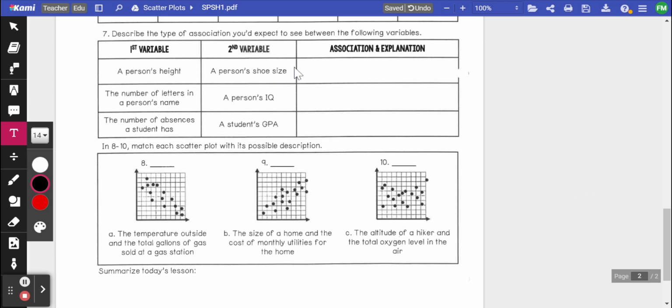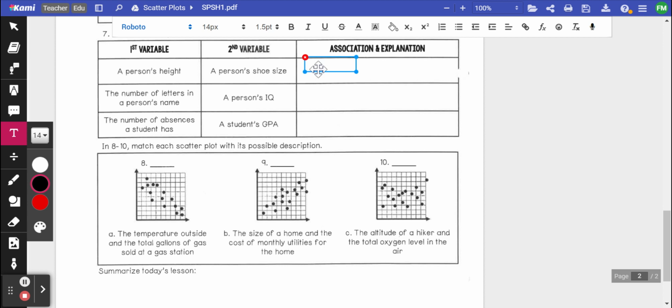Number 7, now we're just looking at word statements. And this is where we kind of have to use some logic. So on this, a person's height and a person's shoe size.